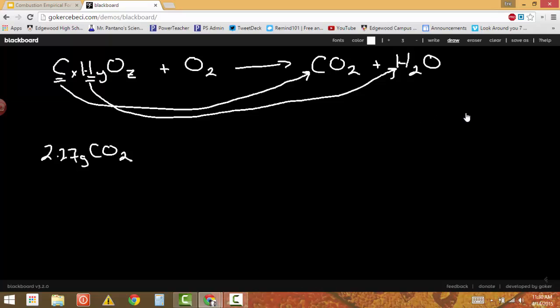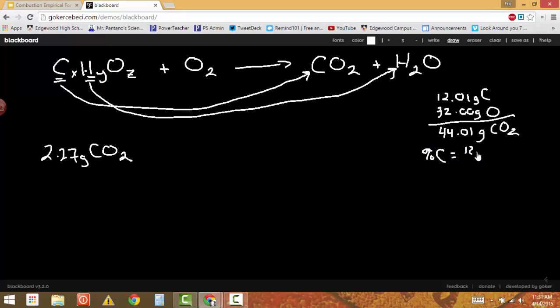Well, if I do my percentage composition calculation for carbon, I know that there are 12.01 grams of carbon and 32.00 grams of oxygen in carbon dioxide. That's 44.01 grams of CO2, and that means that the percentage of carbon in CO2 is 12.01 over 44.01, which is 0.2729, or 27.29%.